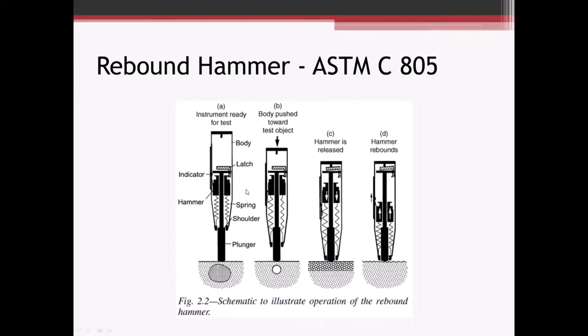Again, those are just estimates, but it could give you an idea of relative strength if you've got the same concrete on the east wall versus the west wall, and you want to get an idea of what the relative strength is from the east wall to the west wall. This could be a pretty good tool for that.